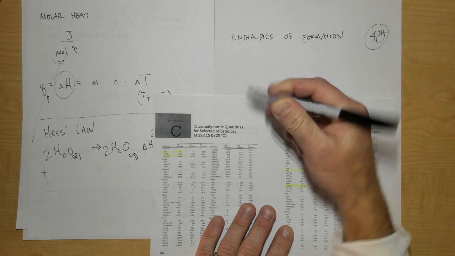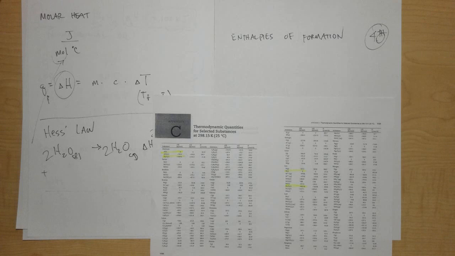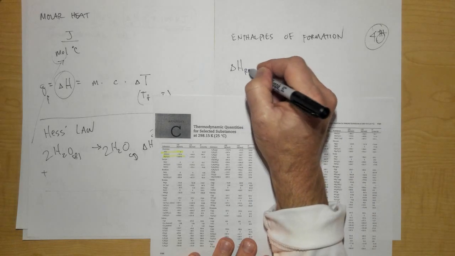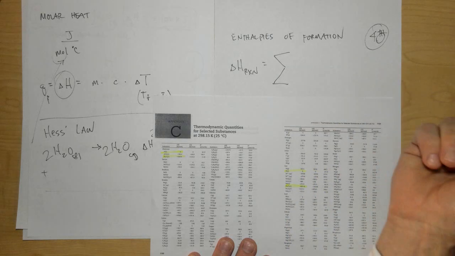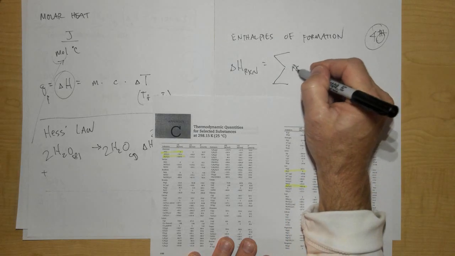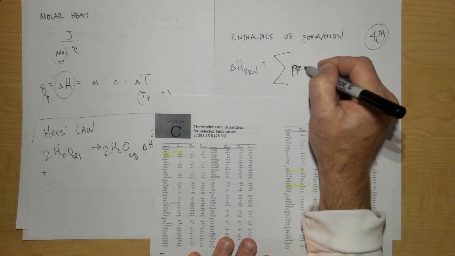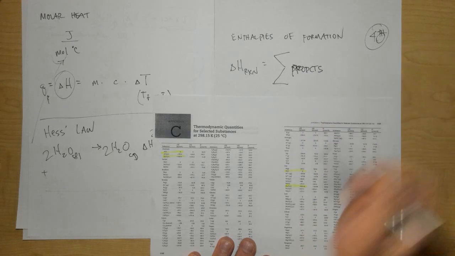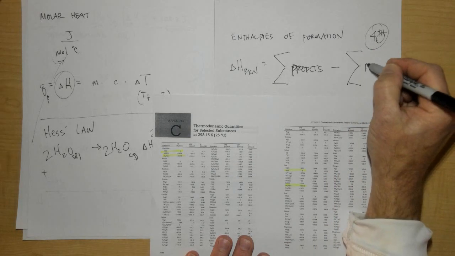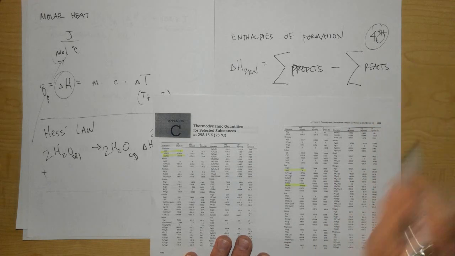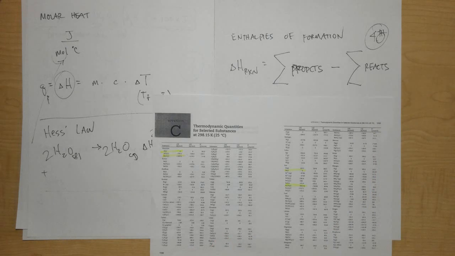And so these have been tabulated by forming substances from their constituent elements, and then we can use these to find the delta H of any reaction or any process by summing, this big Greek letter right here means sum, the products' enthalpies of formation, and finding the difference between those and the reactants' enthalpies of formation. There were several homework problems where you had to do those as well.